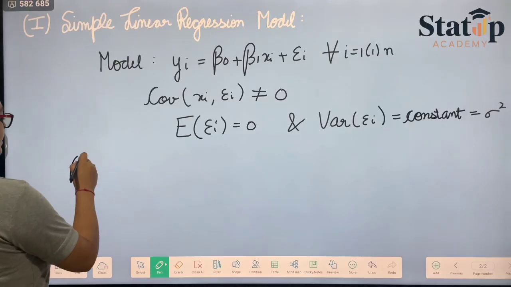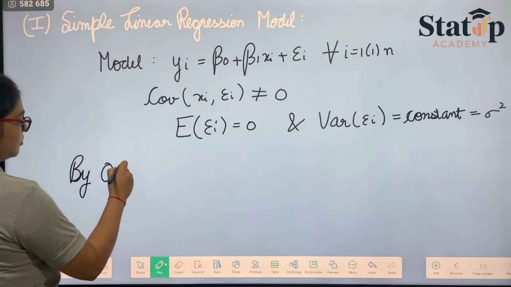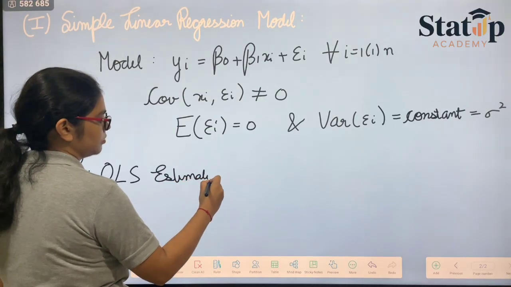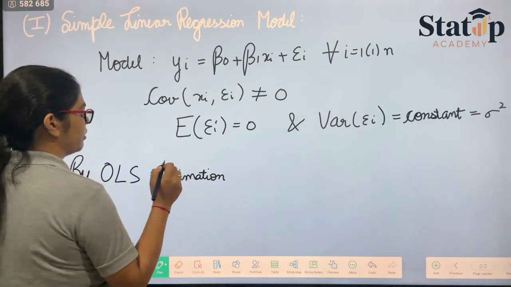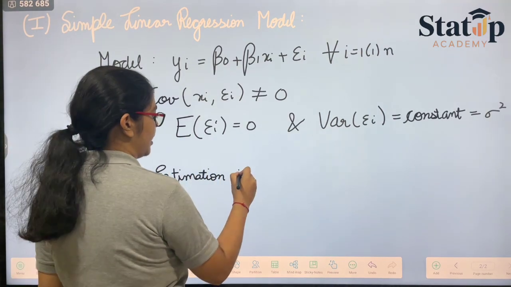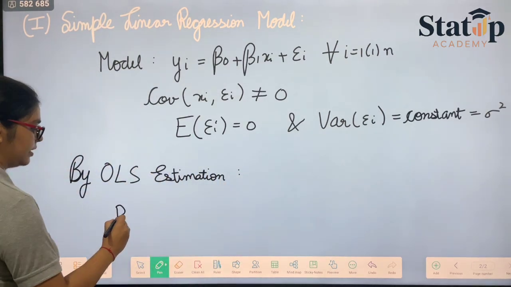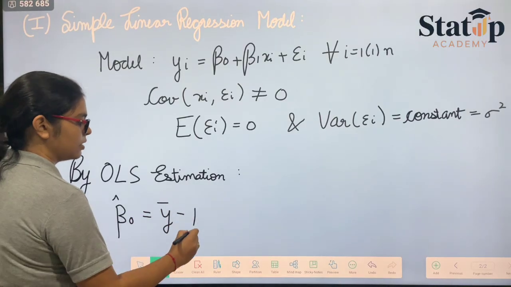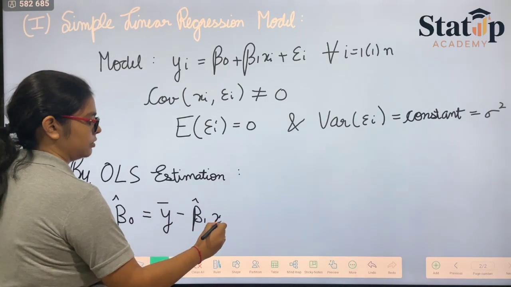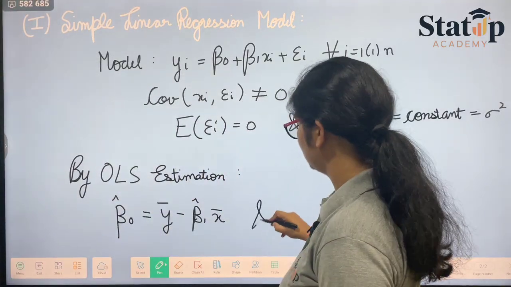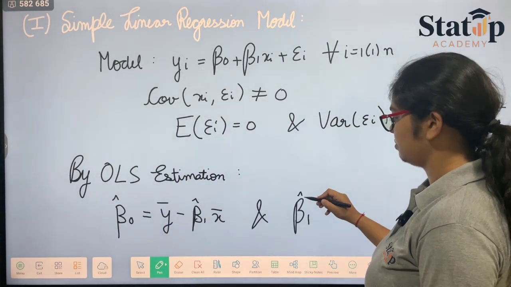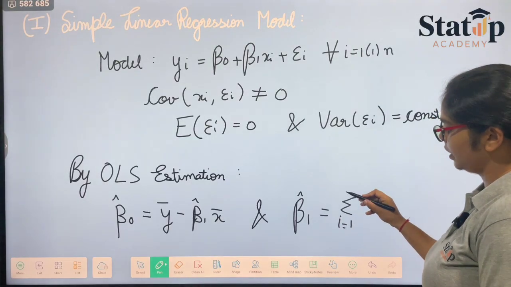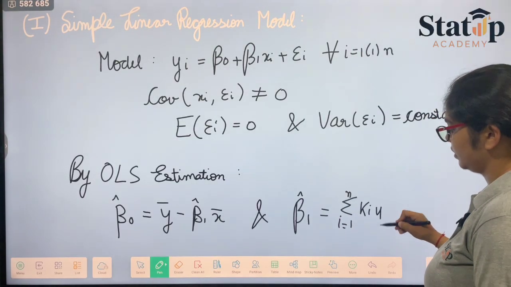Now, by the OLS estimation method, we will find our estimates, that is beta naught cap, which comes out to be y bar minus beta 1 cap x bar, and beta 1 cap, which comes out to be summation i goes from 1 to n ki yi.